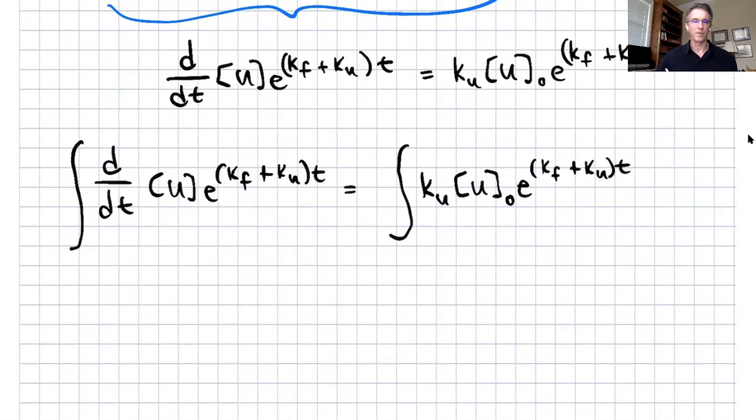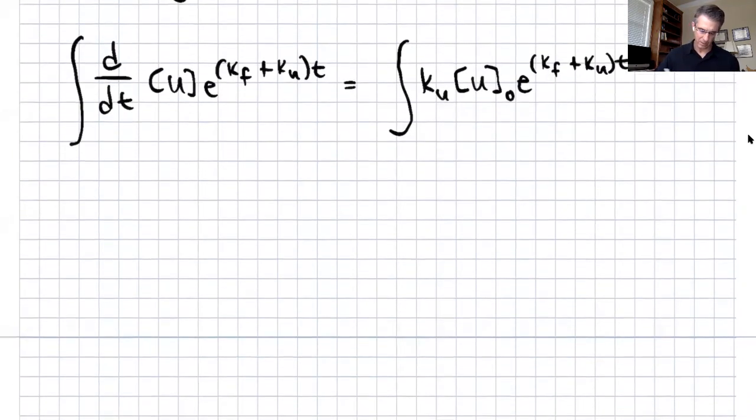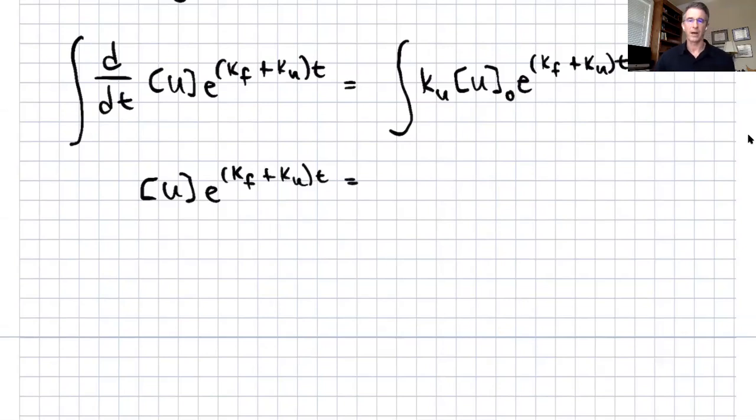The integral and the first derivative just cancel out, so that's easy, which means that u multiplied by e to the (kf plus ku)t has simply got to equal, ku is a constant, the starting concentration of protein is a constant, so those move outside the integral. That's easy, right? So now all we have to do is integrate that exponential.